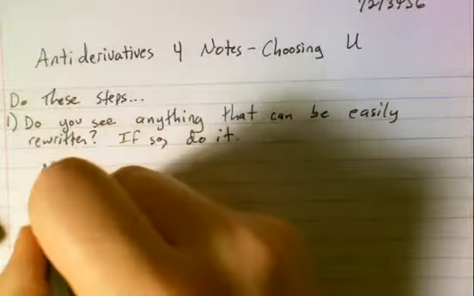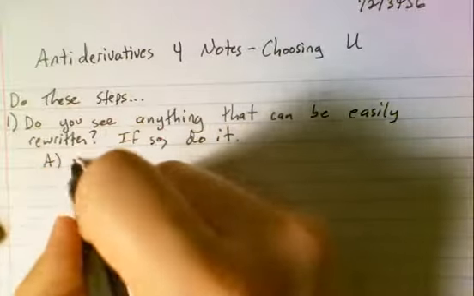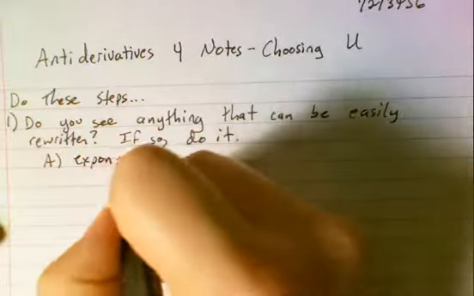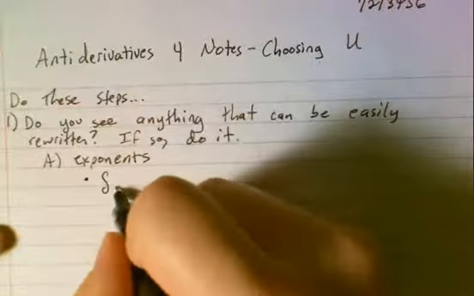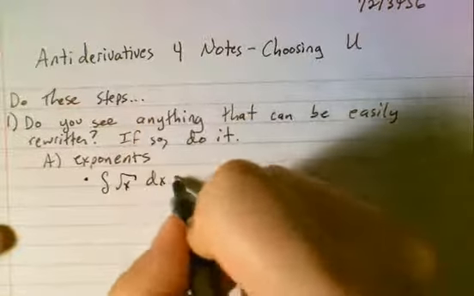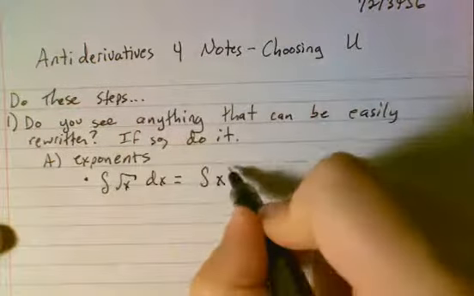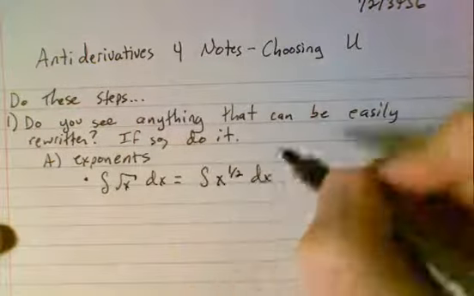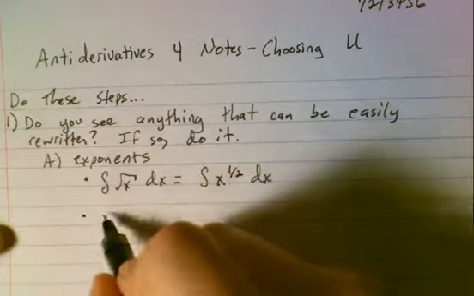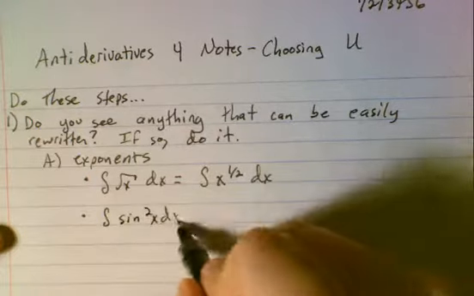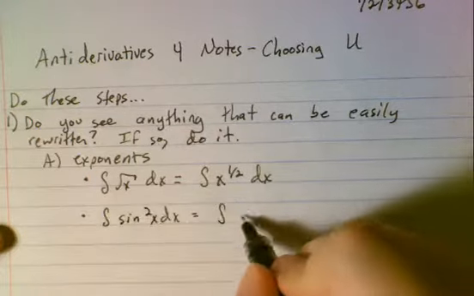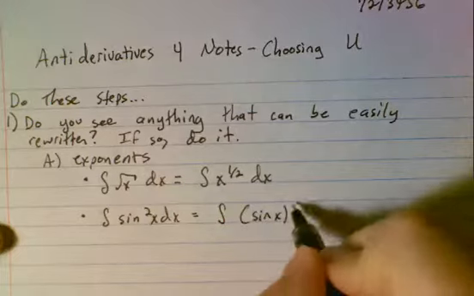So these include things like exponents, so the antiderivative of the square root of x dx becomes the antiderivative of x to the 1/2 dx. The antiderivative of sine squared of x dx becomes the antiderivative of the sine of x, squared.